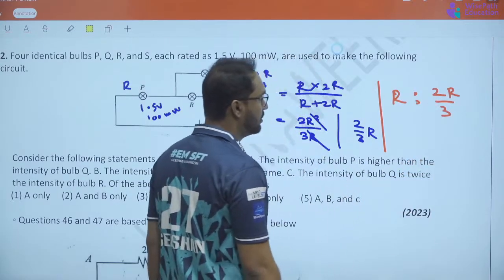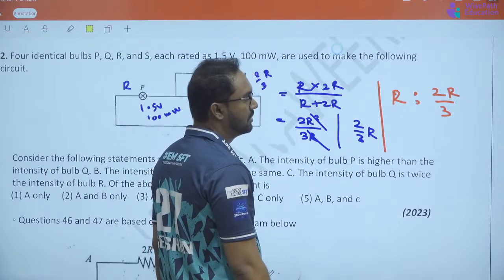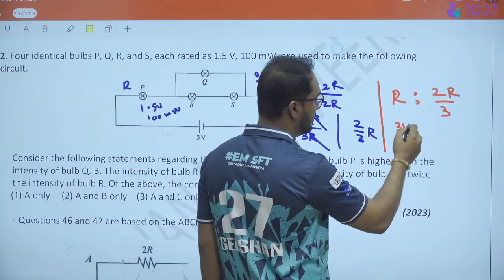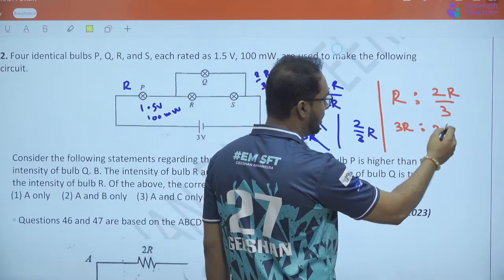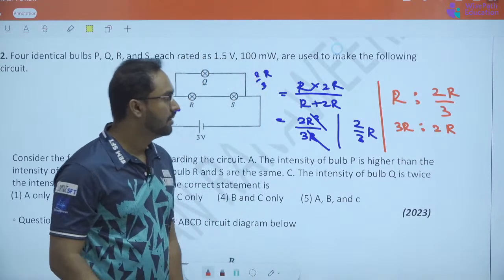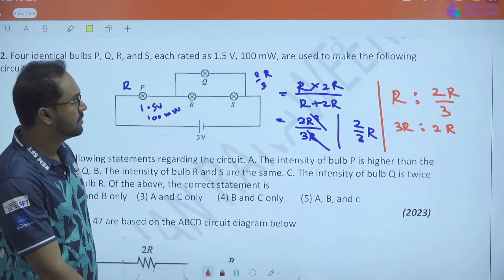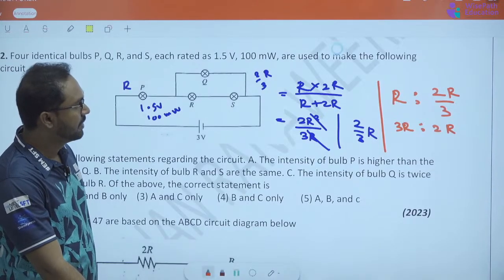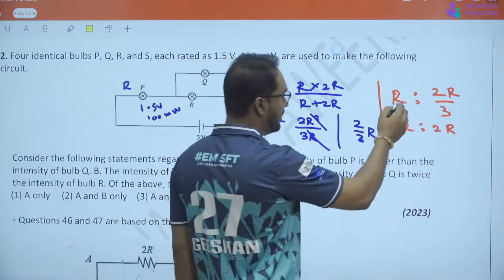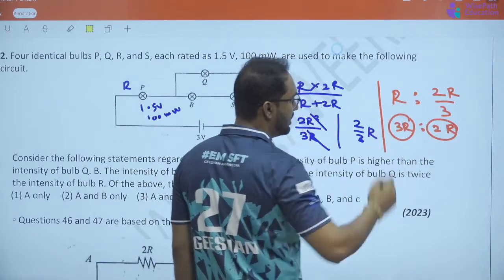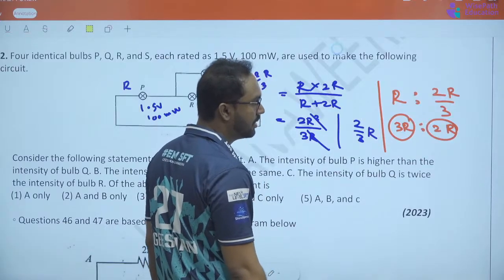If you cross multiply both, that will be 3R is to 2R. This is the actual ratio, right? So if you divide the voltage into this, this gets more and this gets less, 3R and 2R.